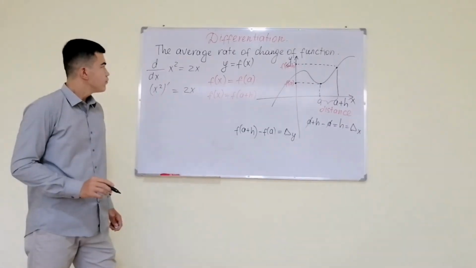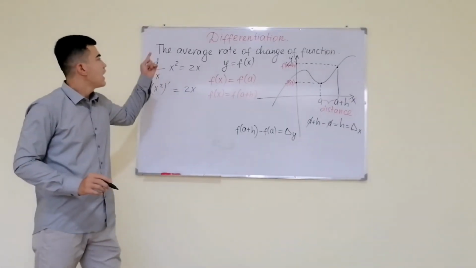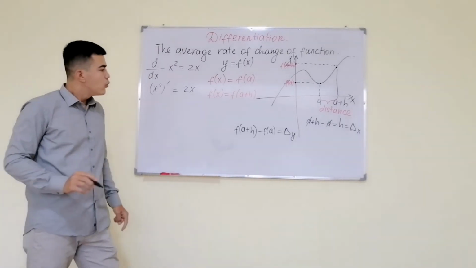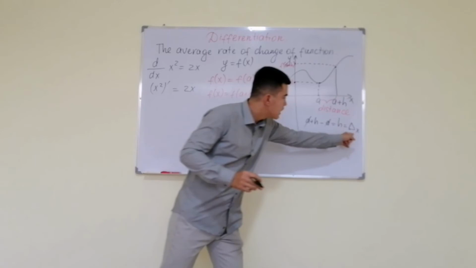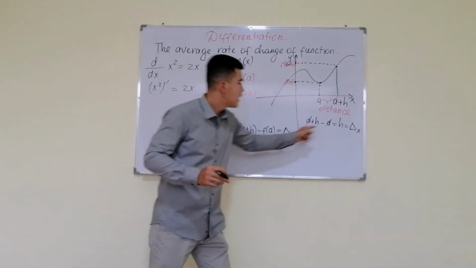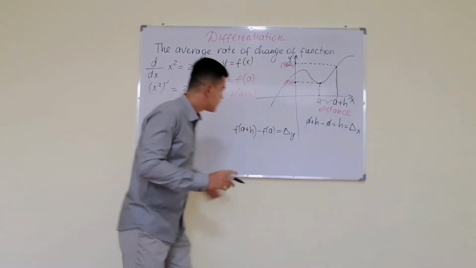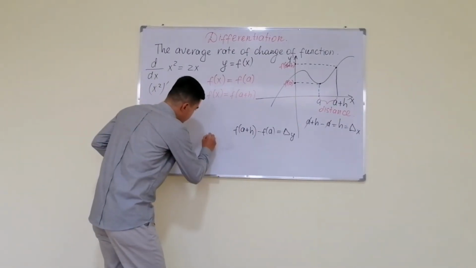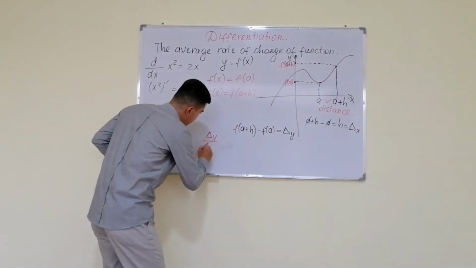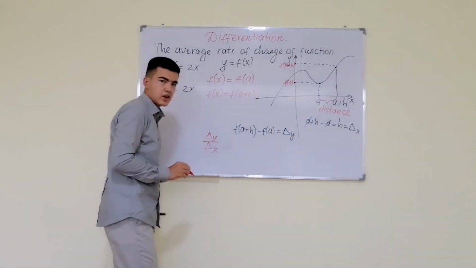So in order to find the average rate of change of the function, we have to find the ratio of delta y and delta x. Pay attention: delta y divided by delta x, alright?